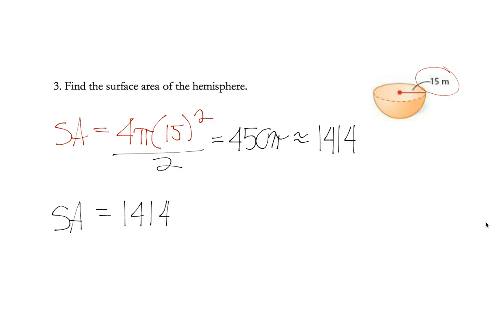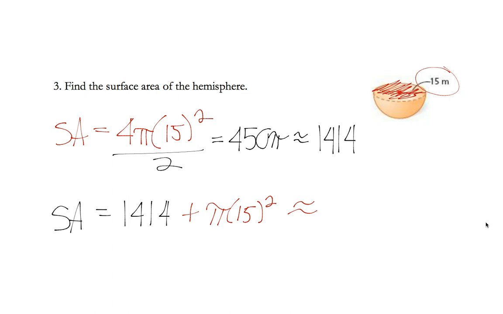But when we cut that in half, we can't assume that this is empty. If it is empty, we're good. If that is solid right there, then we have a touchable surface that we have to add on the area of that circle. So that's 450 plus another 225.